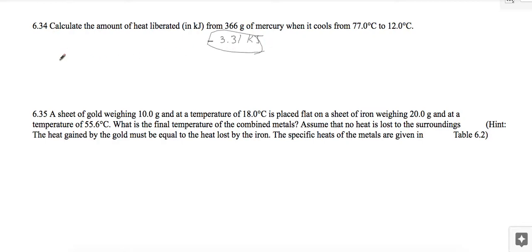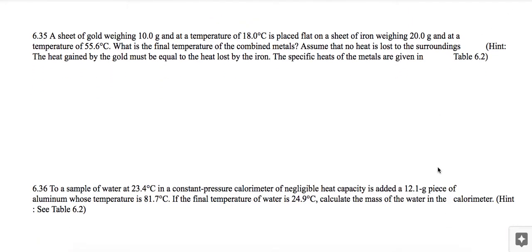And again, we use this. And there's our answer.